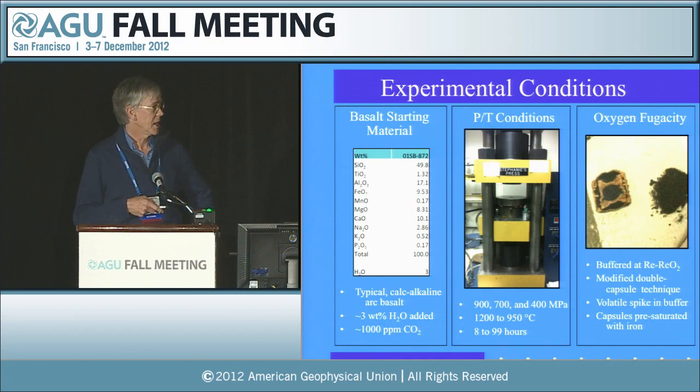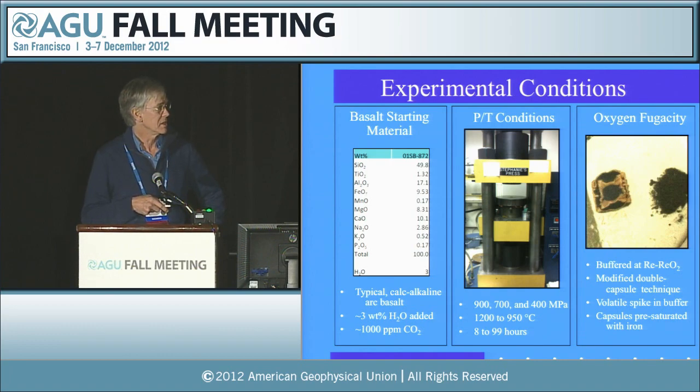We synthesized that basalt with 3% water added to it. The way we did that is to fuse this to a glass with a high water concentration in it, and then mix that with the dry starting material, fuse that to a glass, check the water concentration with FTIR, and then basically iterate until we had 3% water.